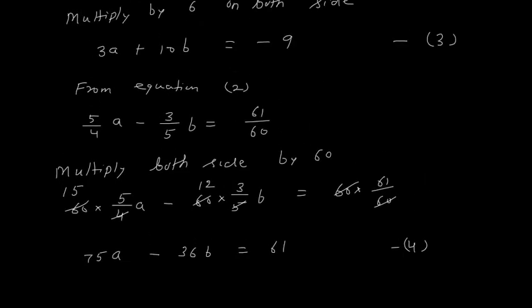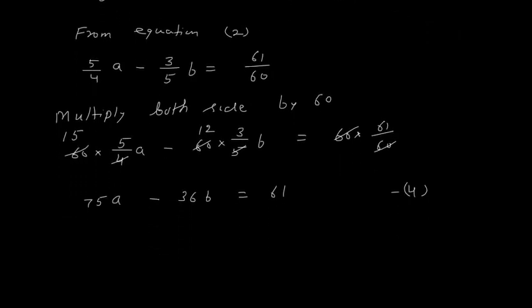Equation 3 and equation 4. Here it is 10, here it is 36, here it is 3a, here it is 75a. So to multiply and then solve, it seems a little complicated. What we can do, if I multiply equation number 3 by 25, it becomes 75a. So that also will help me. So let us multiply equation 3 by 25.